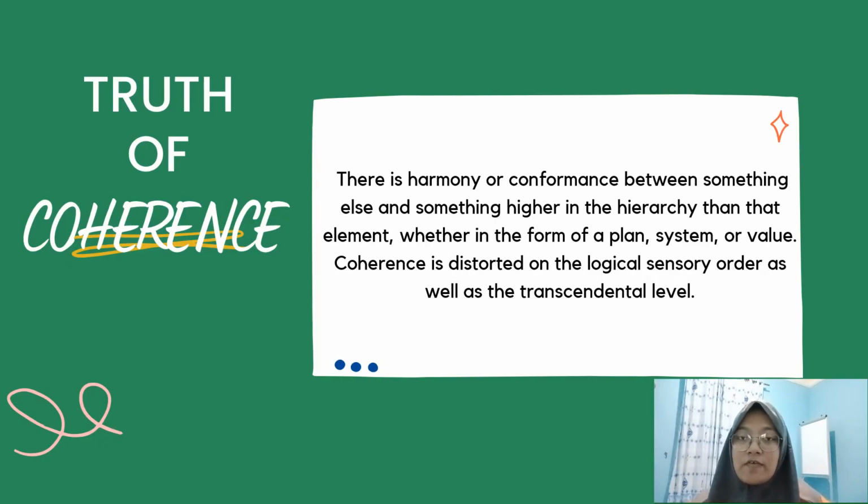First, truth of coherence. There is harmony or conformance between something else and something higher in the hierarchy than that element. If in the form of a plane, system, or value, coherence is restored on the logical, sensory order as well as the transcendental level.